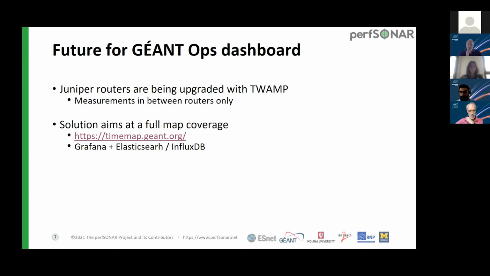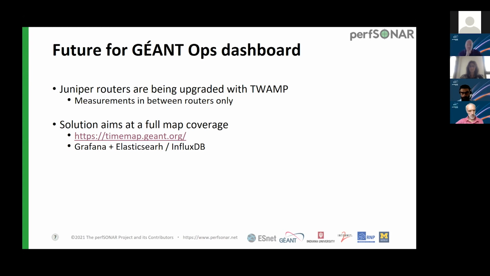This extension is being added so that the Juniper routers will have a full-featured client and reflector on them, and we will be able to run these TWAMP measurements in between them. GÉANT operations will also be looking at that solution with Grafana and Elasticsearch. The latest news is that the team is also considering moving to InfluxDB.